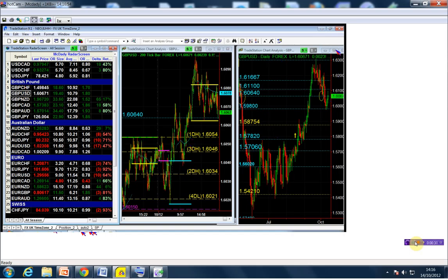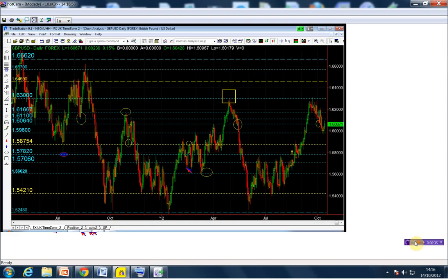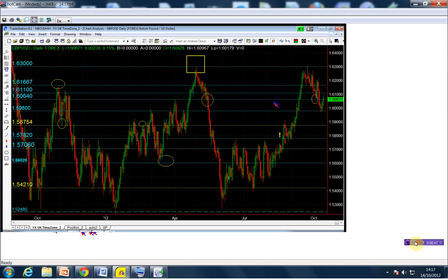The pound Aussie, as you remember looking at the pound, we do have some strength coming in slightly in the pound, and it is sitting at the structural points. This is with the pound dollar, I'm sorry. So I'm doing the pound dollar now, and then I'm going to do the pound New Zealand.